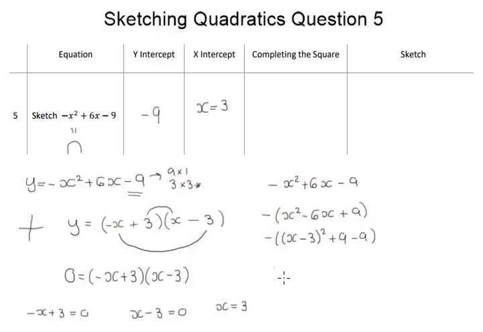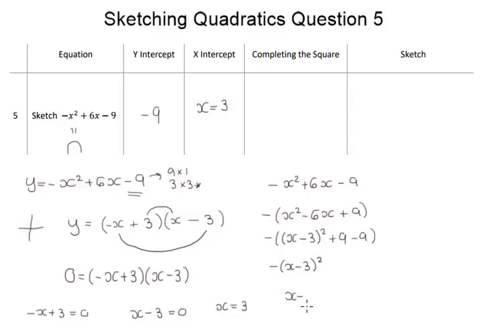So if I simplify this, I get minus x minus 3 all squared, because the 9 and the minus 9 will cancel. So the maximal value, because this is negative, is 0. That is when this bracket is equal to 0.